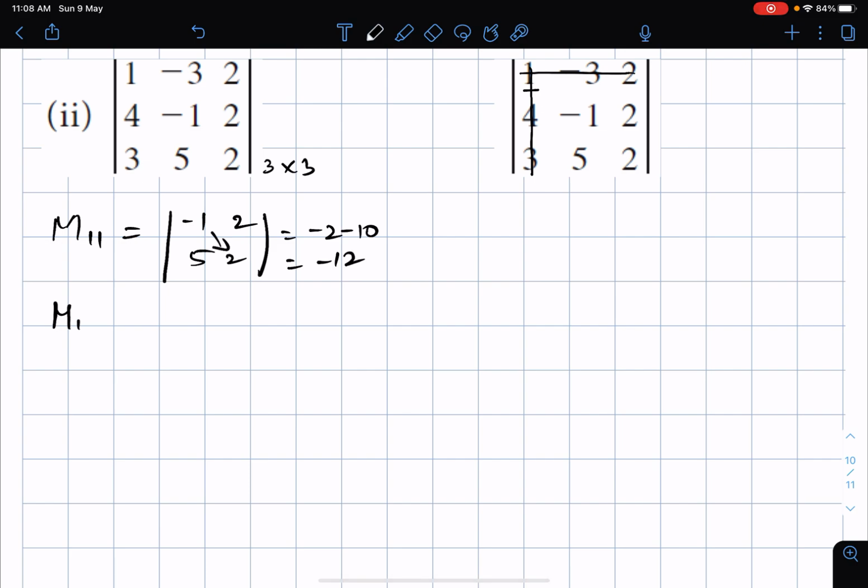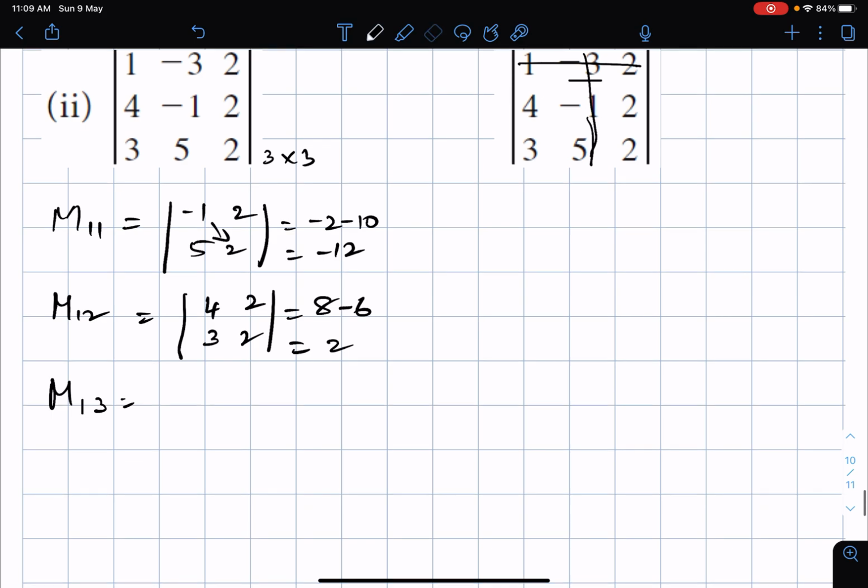Now coming to M12. M12 refers to your second element and its corresponding row and corresponding column. When you cancel it out, your determinant is going to be 4, 2, 3, 2, and your answer is 8 minus 6. That is going to be 2. Next one, M13.